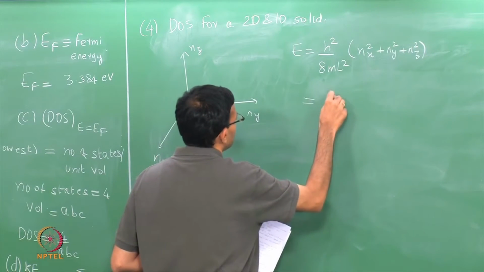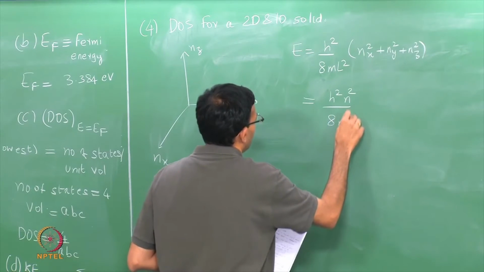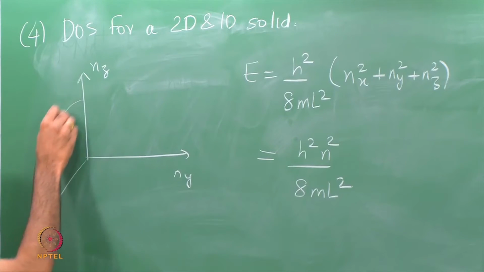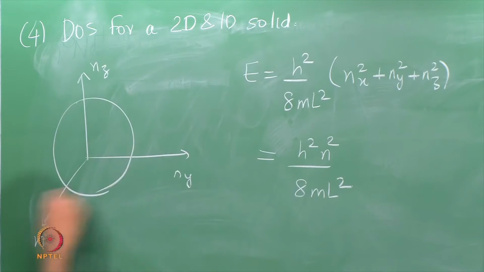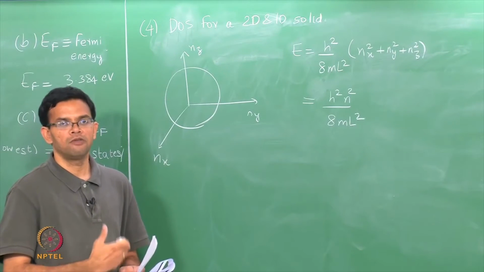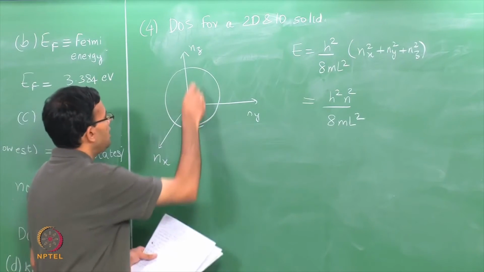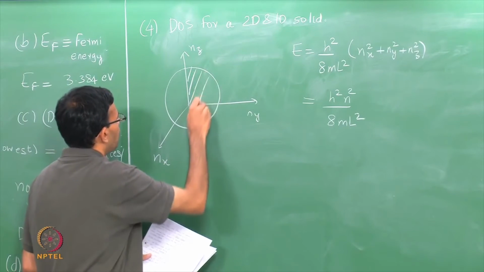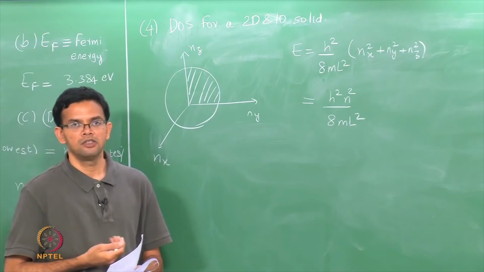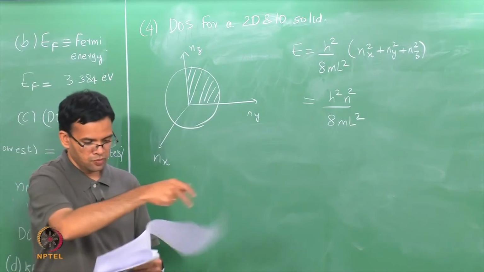This is nothing but h square n square over 8 m L square. If we look at it, the total number of states for a given value of n is essentially a sphere, but we only consider the first quadrant of the sphere, because all the values of n should be positive, that is they should be greater than 0.